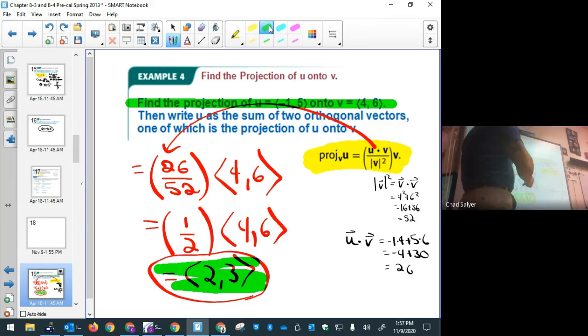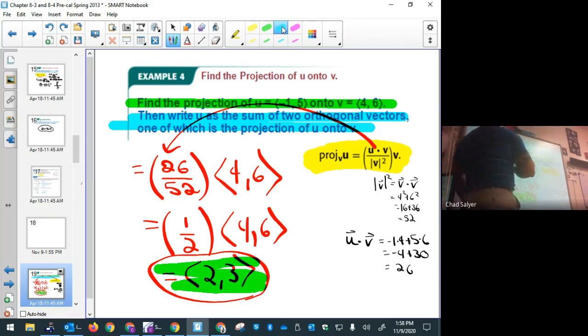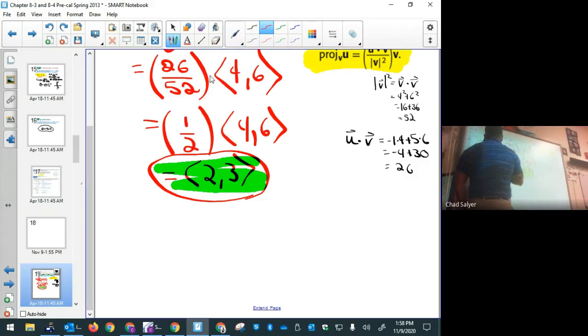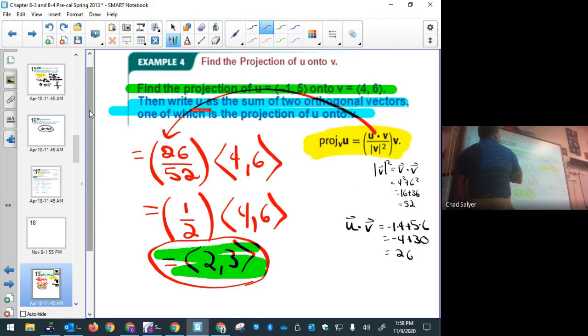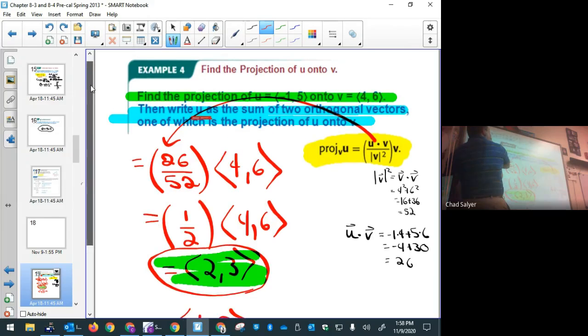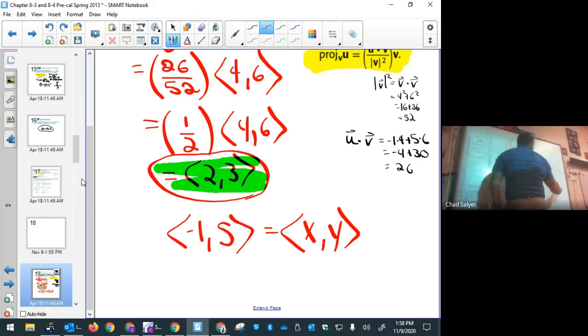The second thing they ask us here: write it as the sum of two orthogonal vectors, one of which is the projection of U onto V. Well, in order to do that second part, I want to write U, which is negative 1, 5, as the sum of two vectors, one of which is the projection of U onto V. So it's going to equal some vector plus our projection.